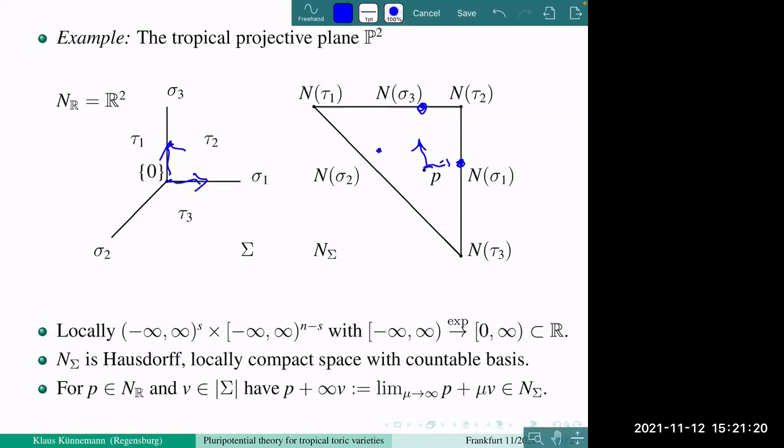If you go in the diagonal direction, then you will end up here. This holds for any direction you choose in this cone: you always end up in this boundary component. So you have a compactification in all directions which are in the support of your fan. Okay, so these are the tropical toric varieties, and we have discussed a little bit the boundary behavior.